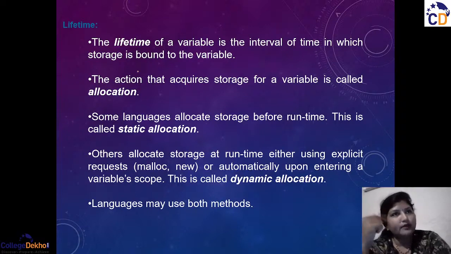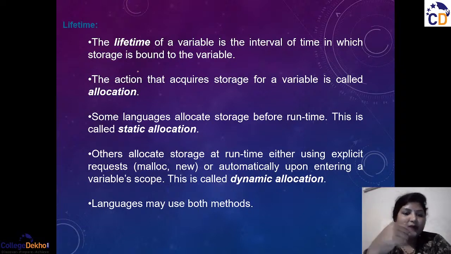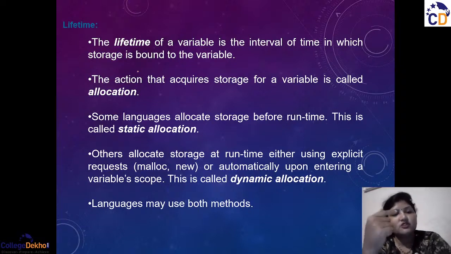According to the requirement of the program, the developer is going to choose which allocation method is used. Maybe static allocation is used, or maybe you can choose dynamic allocation.